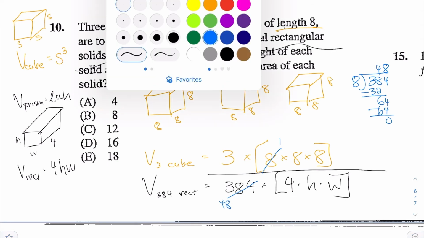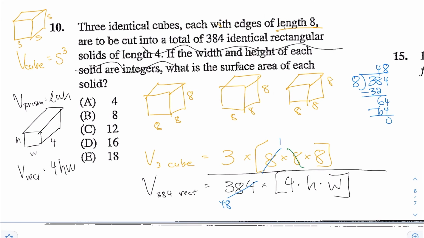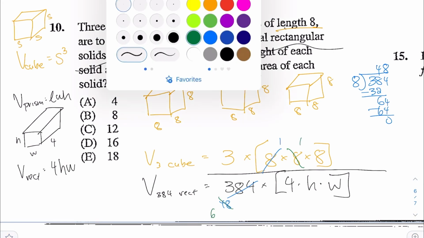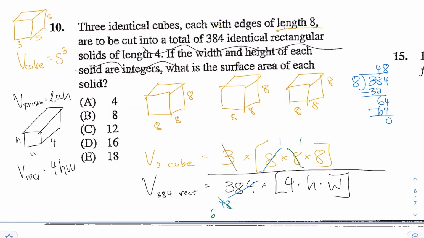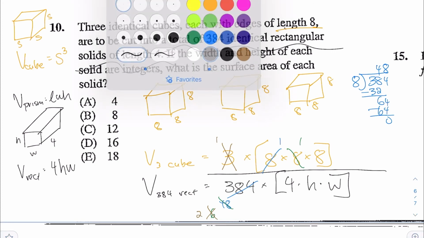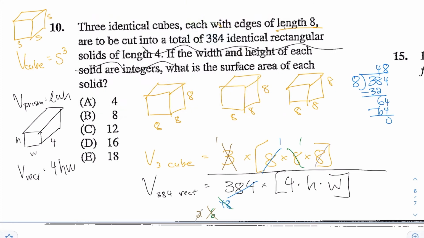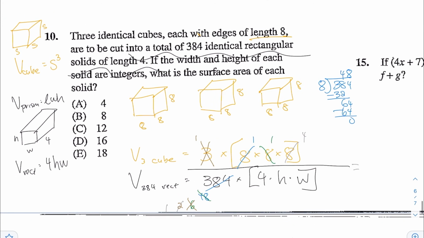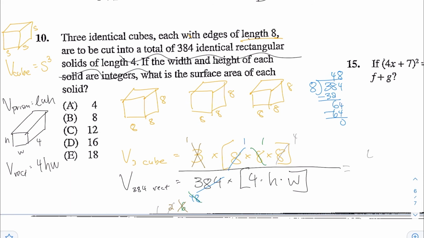And then the 48 also cancels out with another one of these 8s to have a factor of 6 left over. And now the 6 cross cancels with this factor of 3 and you have 2 left over. And finally, this 2 cancels out with one of these 8s and you have 4 left over. So the volume, when you divide these two volumes, is going to be equal to 4 divided by 4 HW. And remember, the volumes have to be identical, so this is really equal to 1.